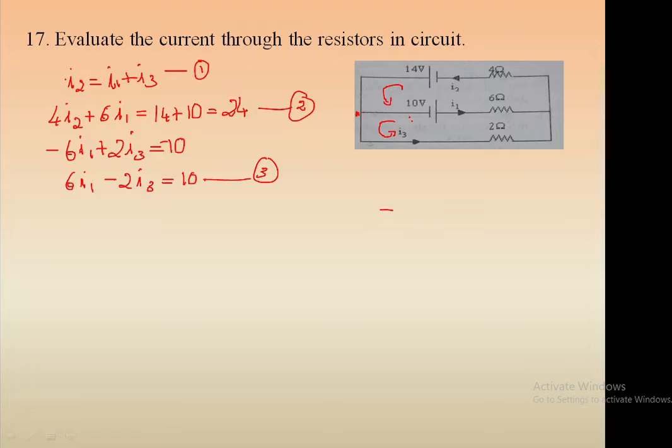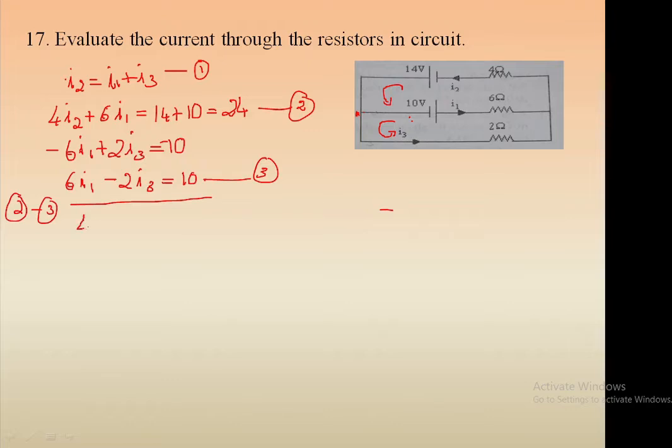Now let us take equation 2 minus equation 3. So we will get on the left side 6I1 and 6I1, that is cancelled.